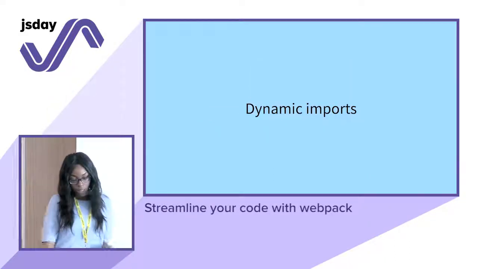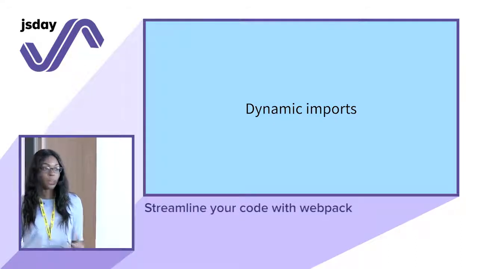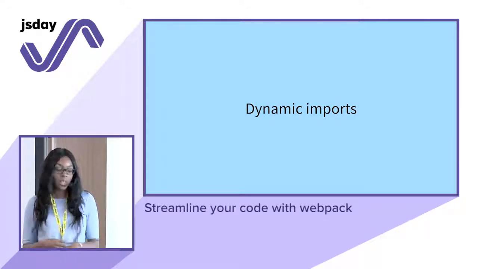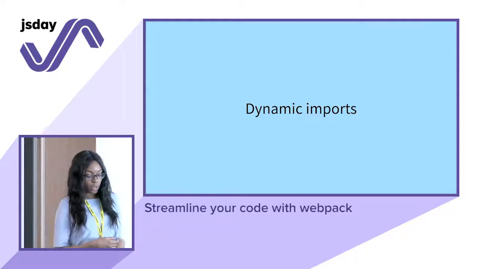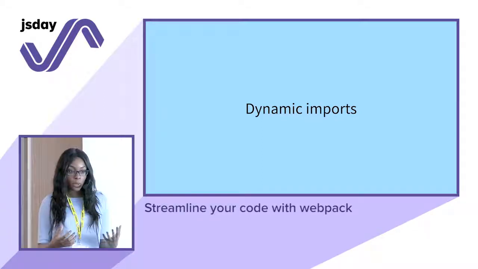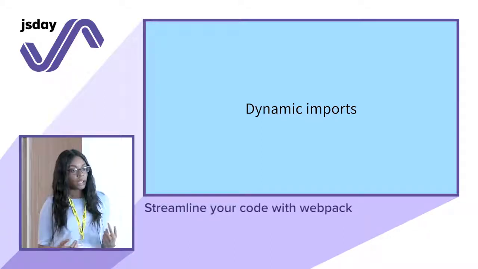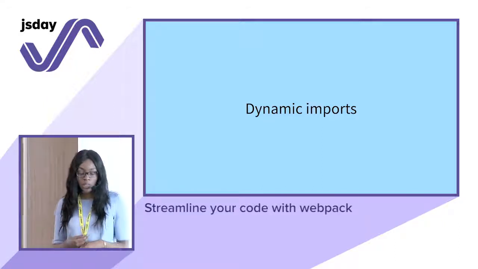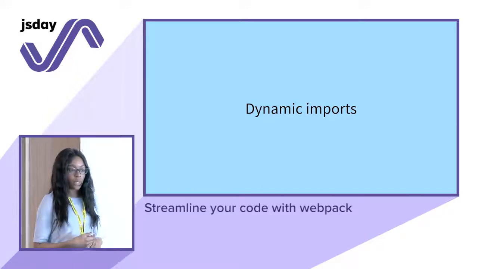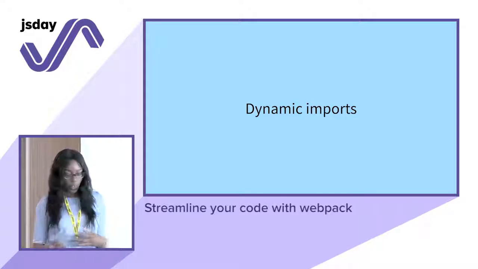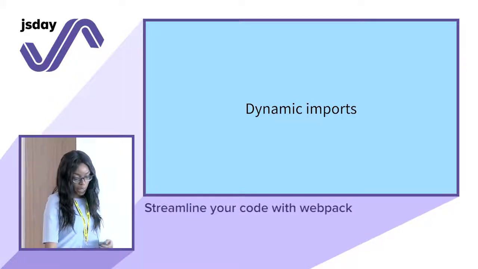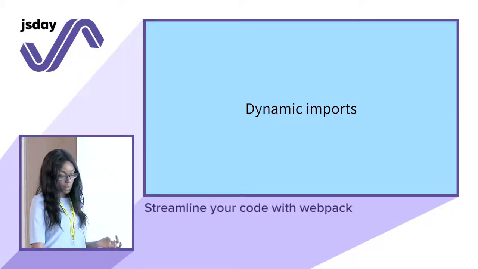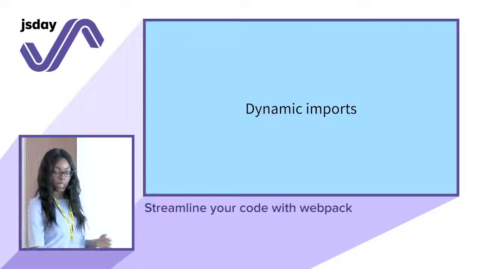The third thing that they were talking about on the Webpack docs around code splitting is dynamic imports. Dynamic imports are in the proposal stage of ECMAScript, and it allows you to import modules on the fly. And you can use it in older browsers because it gets transpiled down to promises by Babel.